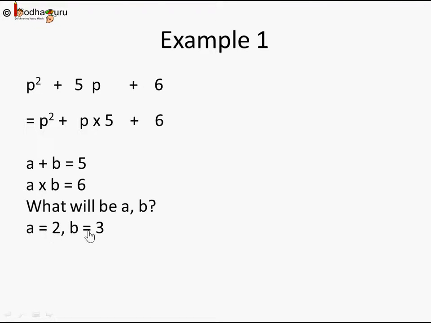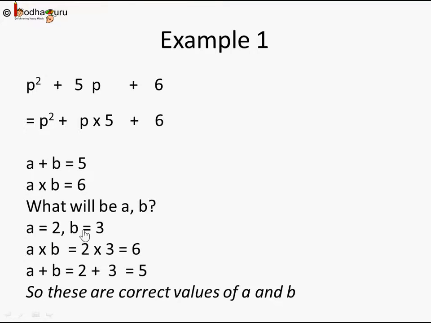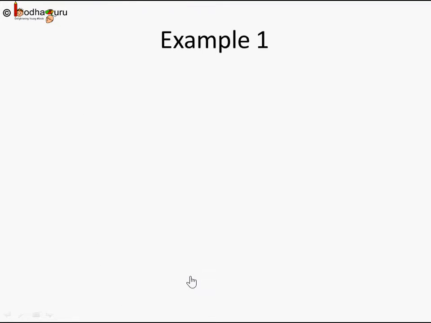If a is 2 and b is 3, then a into b is 2 into 3, that is 6, and a + b will be 2 + 3, which is 5, and that is what we want. So we can write 5 as 2 + 3 and 6 as 2 into 3, where a is 2 and b is 3, right? So then we can very easily use identity 4.